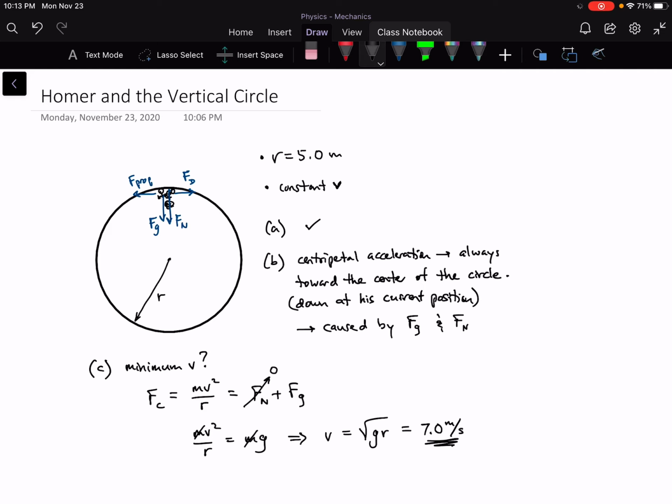Okay? So the tricky part of this question really is realizing that that is going to be the condition for minimum speed. And if you get that, well, then you're all set. And if you don't, well, if you got this far, hey, you're like halfway there, right? Roughly speaking. All right, see you for the next one.